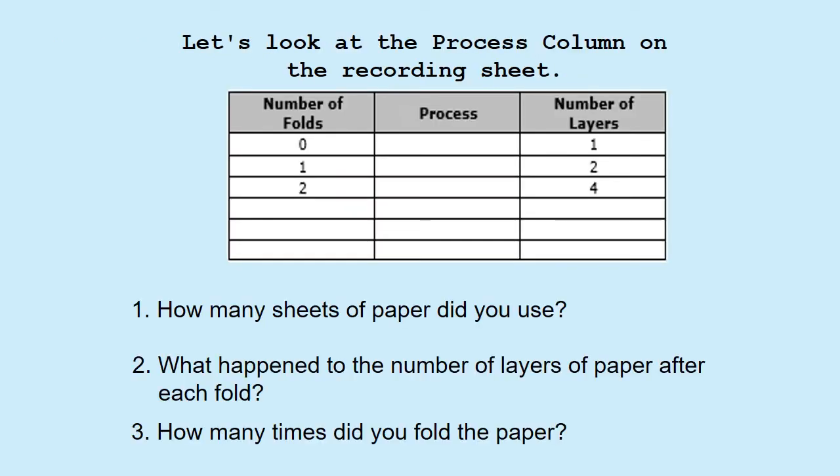Now, if we look at just the process column, how many sheets of paper did we use? Well, we started with 1 sheet of paper. And what happened to the number of layers every time I folded it? Well, they doubled, which means they were times 2. And how many times did we fold the paper? This time we folded it twice.